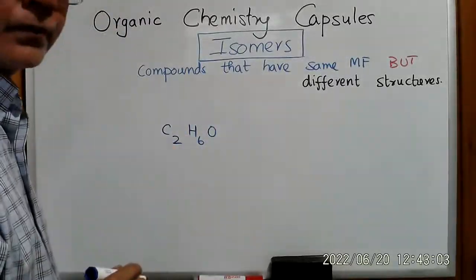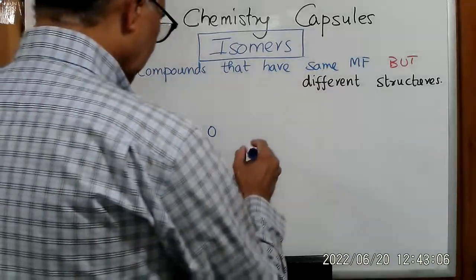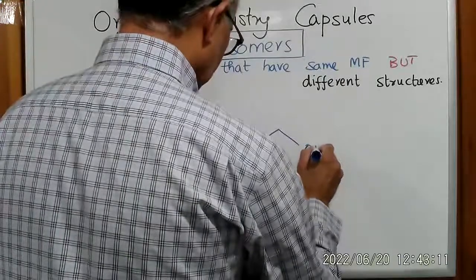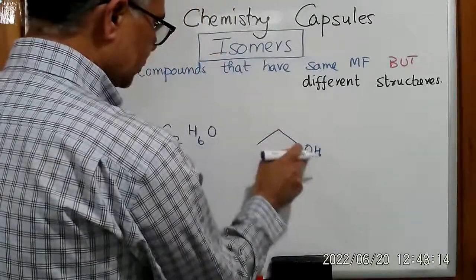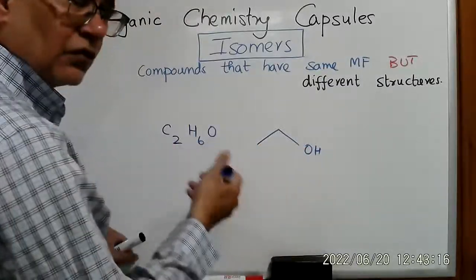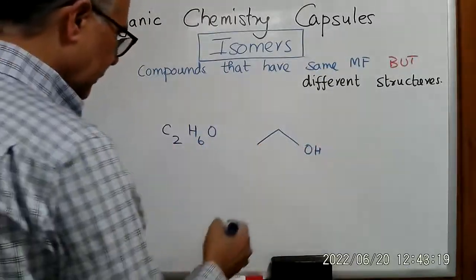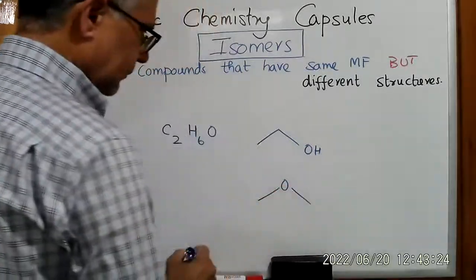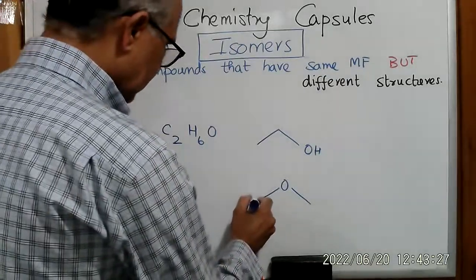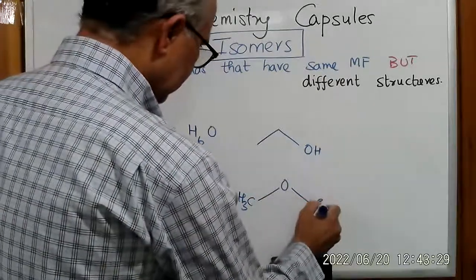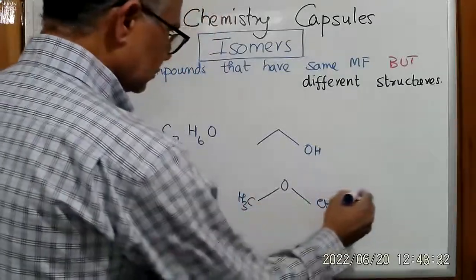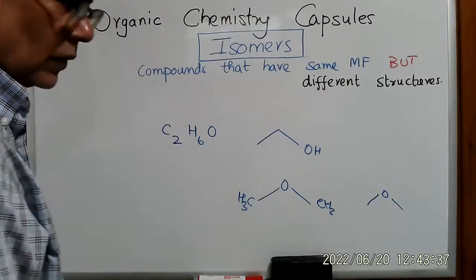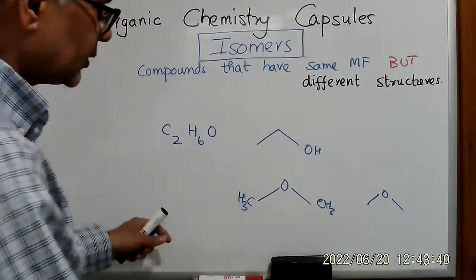I'll draw one structure, CH3CH2OH. Another one is CH3OCH3, often abbreviated like that in skeletal structure. So again, different functional groups.